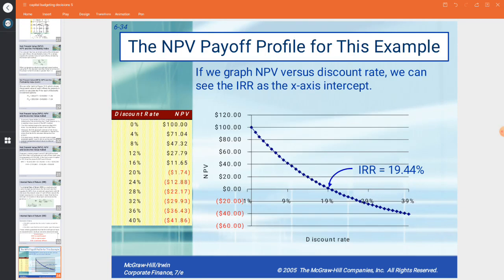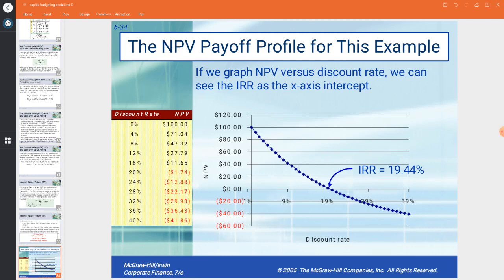We found that the NPV is 100. Then we increased the discount rate from 0 to 4%, and we found that the NPV is 71.04. Then we increased the discount rate to 8%, and we found the NPV is 47.32.